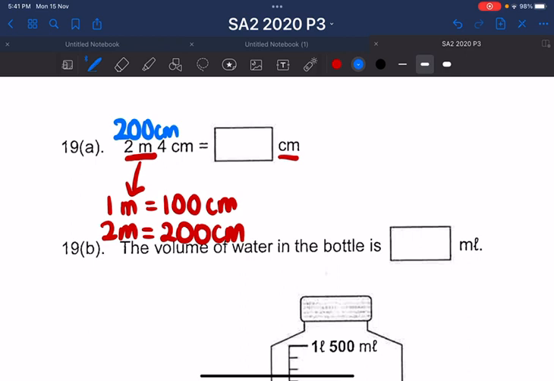So now the question got easier. The question is asking you 200 centimeters here, and 4 centimeters here gives you a total of how many centimeters? 204. Alright, so that's for part A.